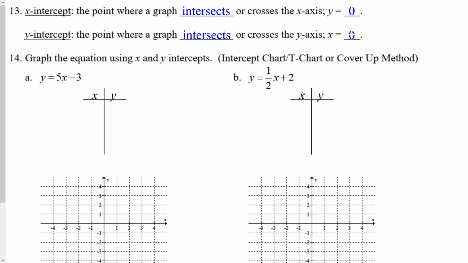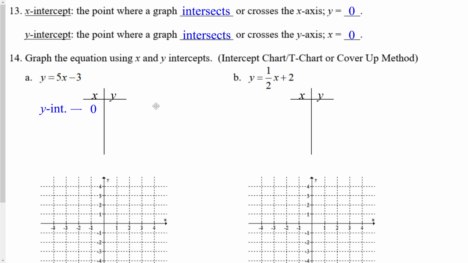So if we're to graph equations using x and y intercepts, one of the ways that you can do this is using what we call an intercept chart or a t-chart. And in this t-chart, because we're going to use intercepts, there are very specific values that we have to plug in for our x and y variables. So first off, if we were to do the y-intercept, we would have to plug in a 0 for the x coordinate.